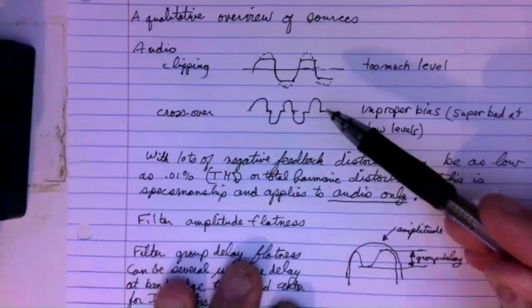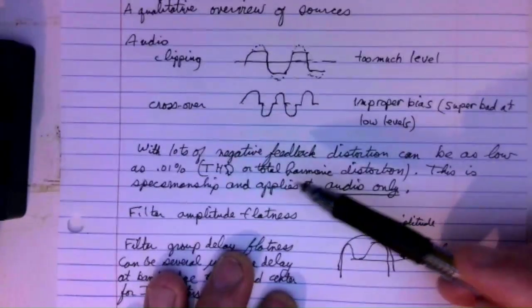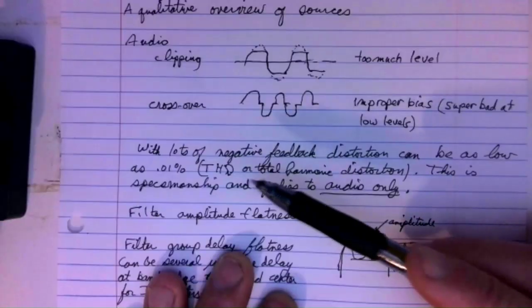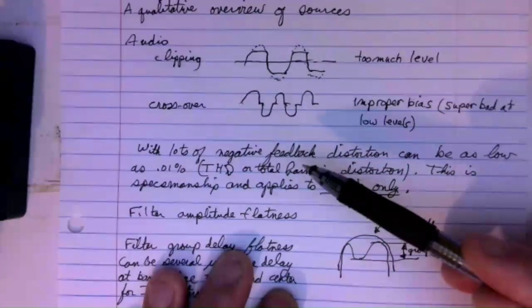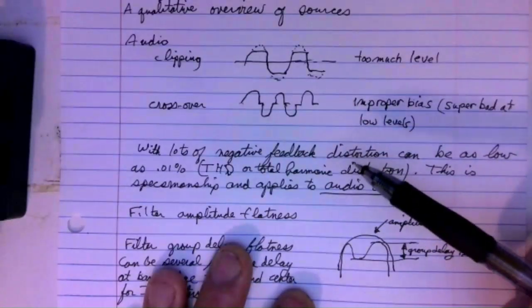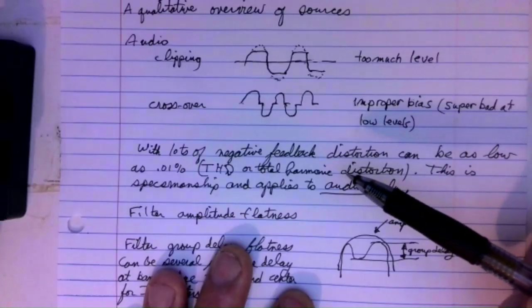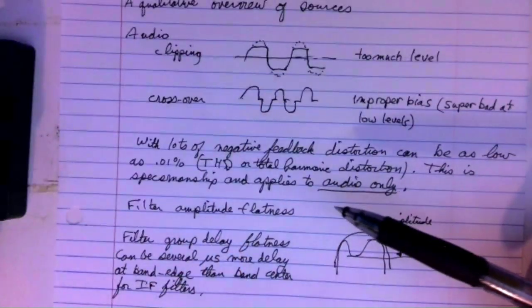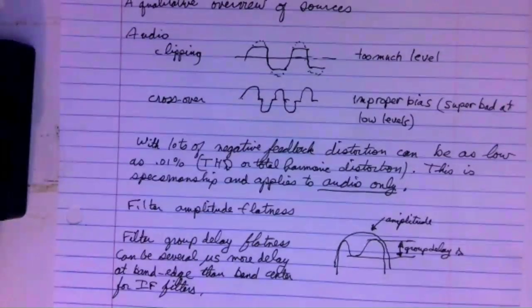Now, on the other side of the audio distortion issue, with lots of negative feedback in some of these commercial or consumer audio amps that people buy, they'll claim maybe 0.01% total harmonic distortion. And that's because they build effectively a big power op amp with lots of negative feedback, and you can get really low total harmonic distortion measured with a sine wave. And this is specsmanship.